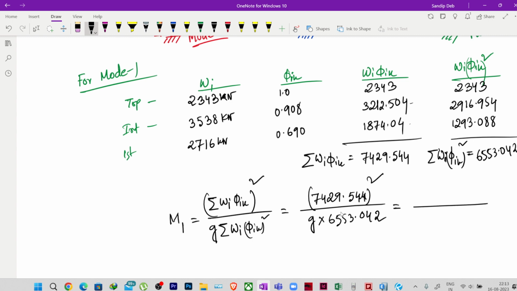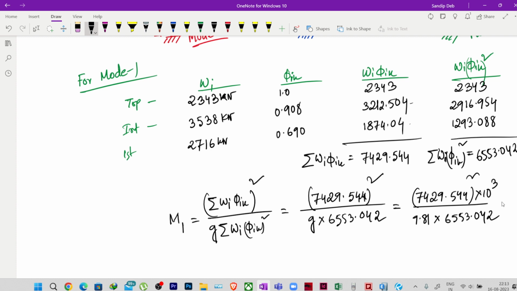If I convert this to Newton, it will be 7429.544 square multiplied by 10 cube, and writing g in meter per second square, 9.81 multiplied by 6553.042.